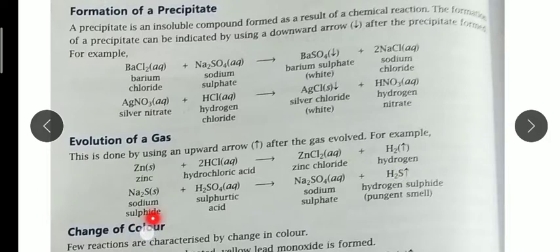Same way when sodium sulfide Na2S reacts with acid H2SO4 sulfuric acid, it will produce sodium sulfate Na2SO4 and hydrogen sulfide H2S, which is a pungent gas.